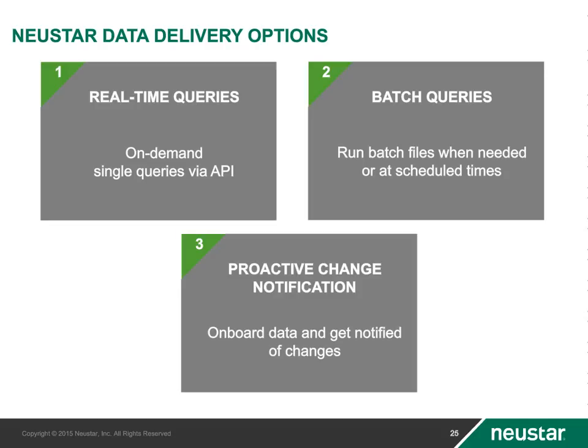Increasingly, proactive change is the way that the industry is looking to go for two main reasons. It reduces the amount of data that's transferring back and forth, and it reduces the amount of latency in the data. For instance, if you're checking your data every 30 days, you then have the risk of 29, 30 days worth of stale data that you're looking at, whereas proactive change notifies you every single day.